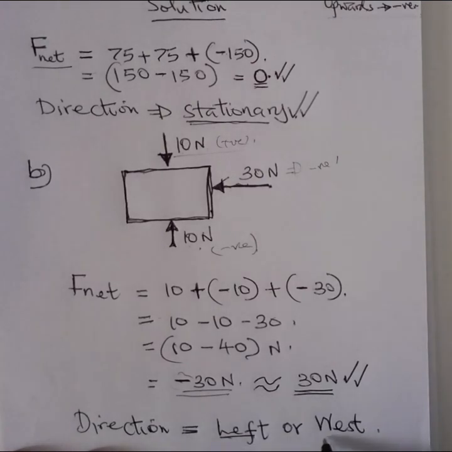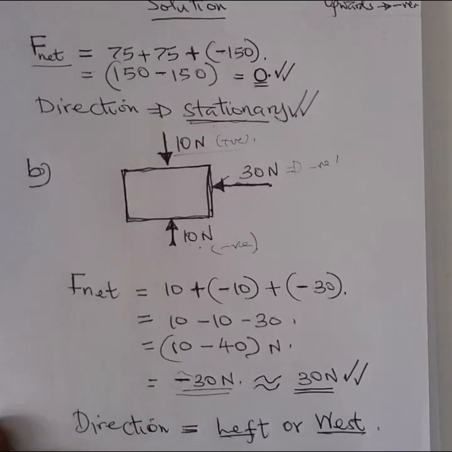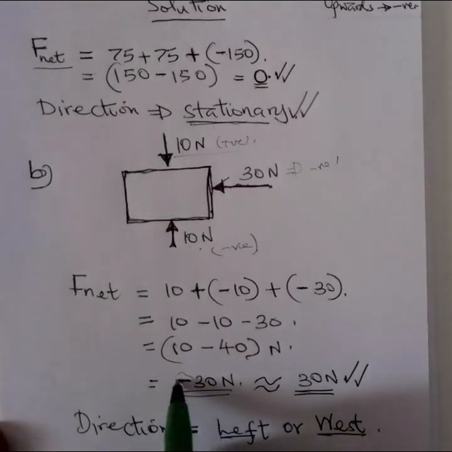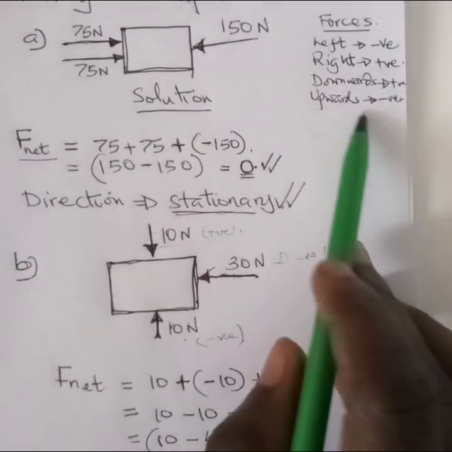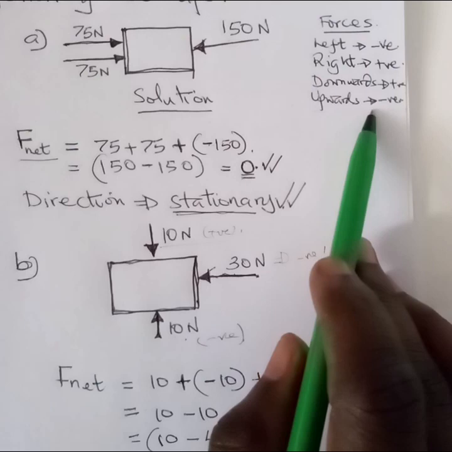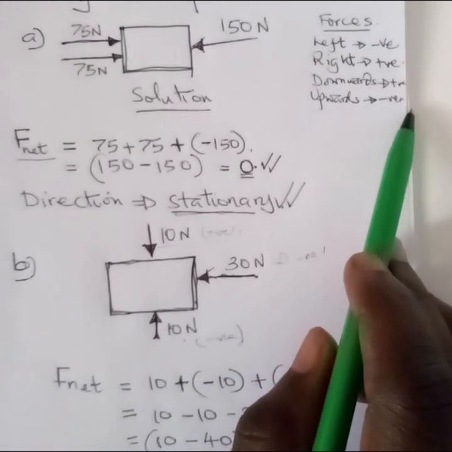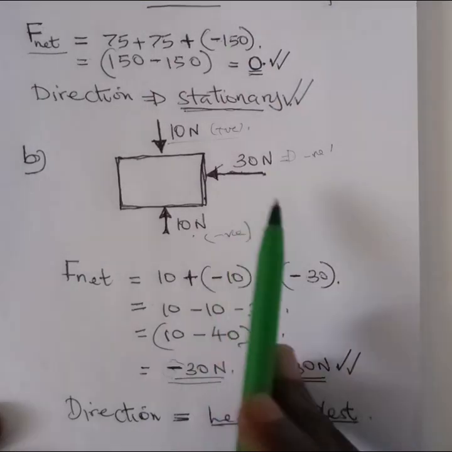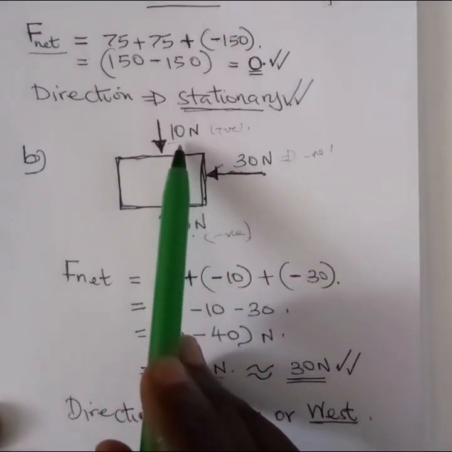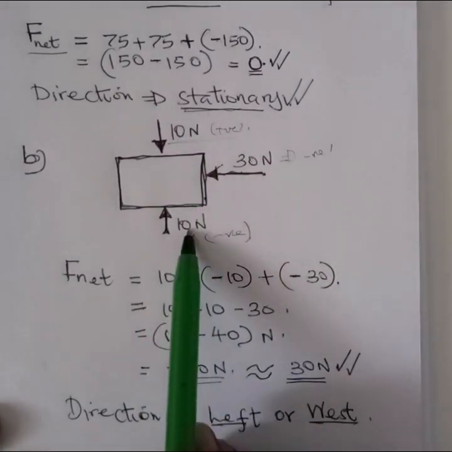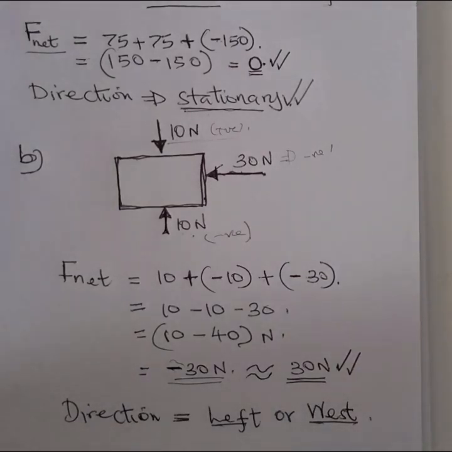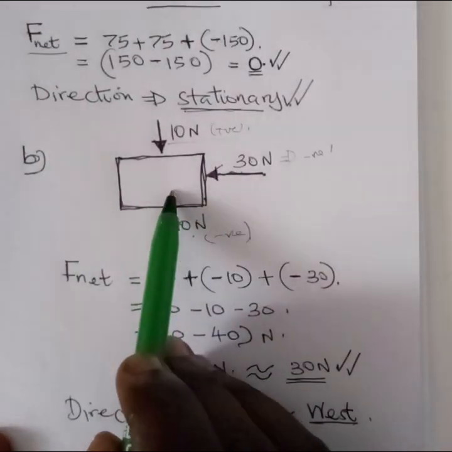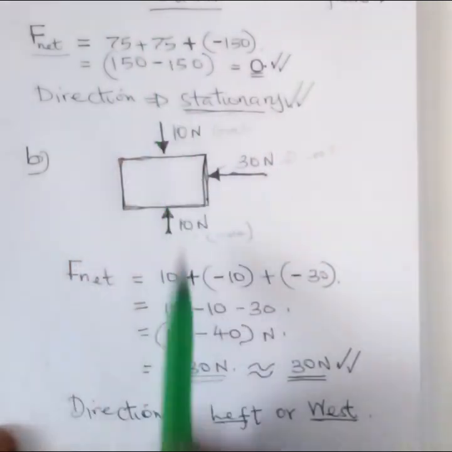Now someone can ask, if it is negative, why can't we consider the direction as upward? Because I said upward direction is negative, but here we can't say it moves upwards because we have two opposite forces, 10 Newton and 10 Newton. The two cancel, meaning the resultant force vertically is 0, so it won't move either upwards or downwards.